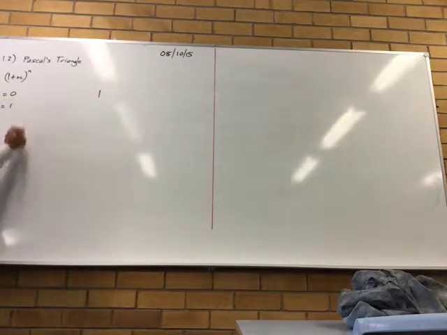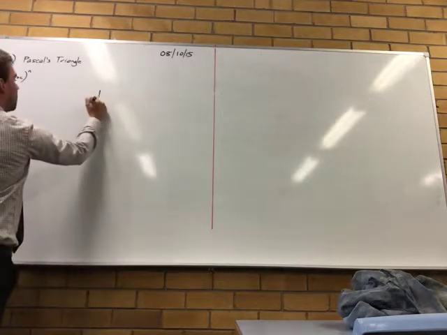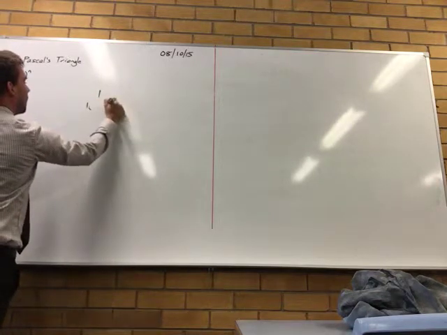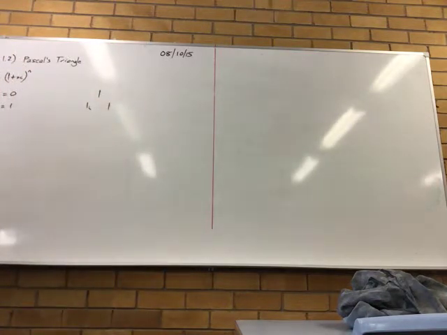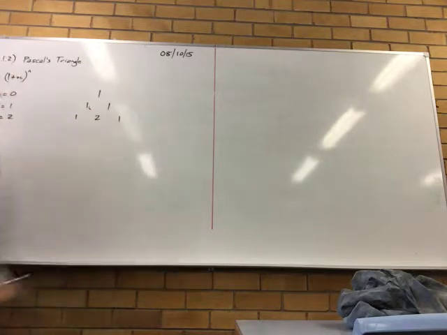Alright, n is 1, so (1 + x)^1, and the coefficients, putting symmetry in the middle, are 1 and 1. This is in your notes, by the way. I'm showing you how it works. For the expansion of a square, the coefficients will be 1, 2 and 1.